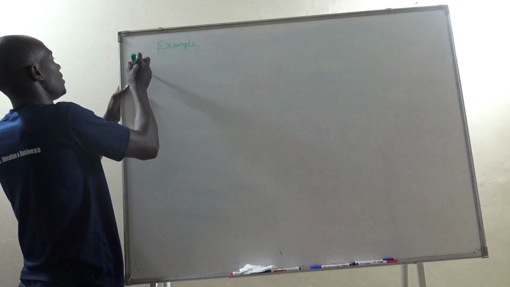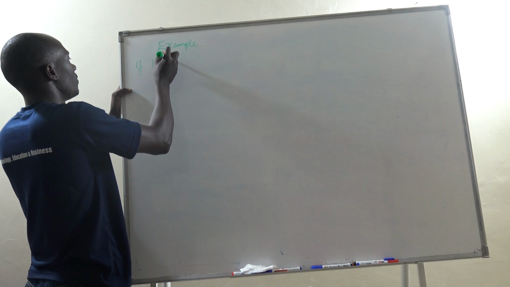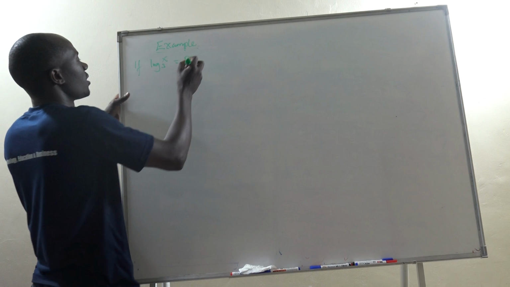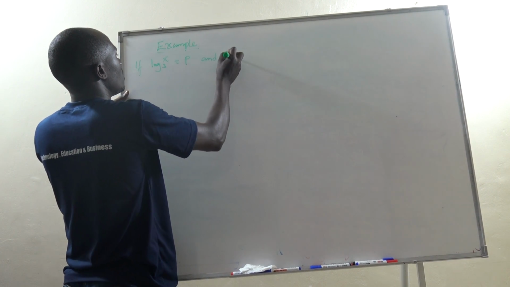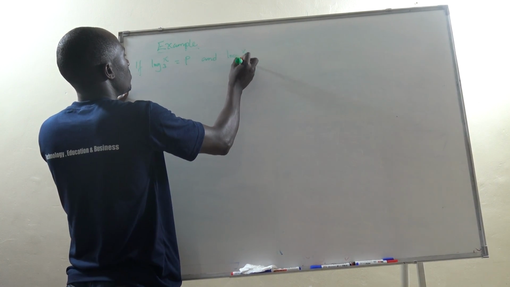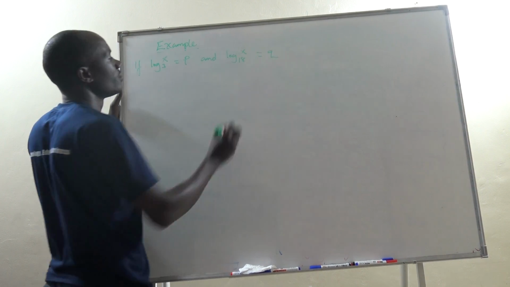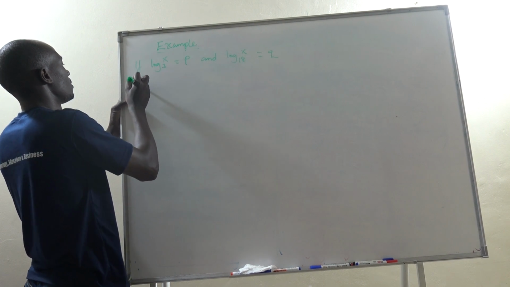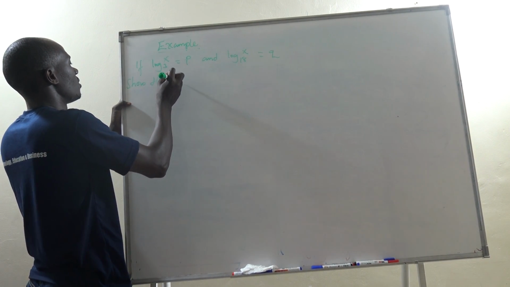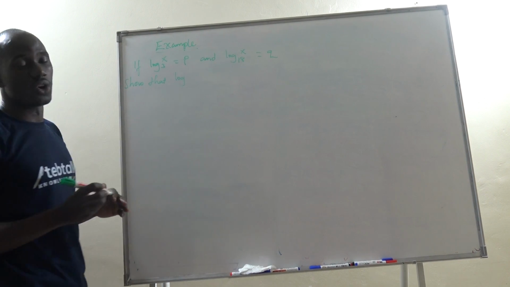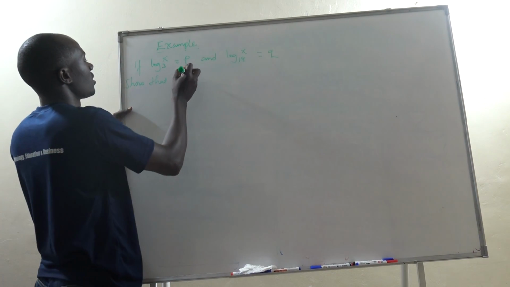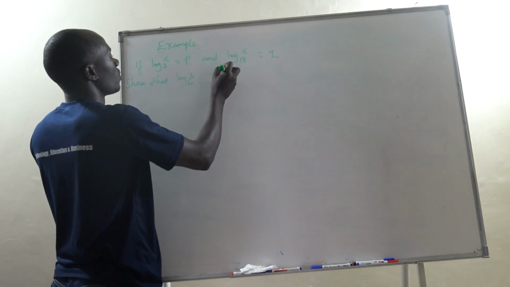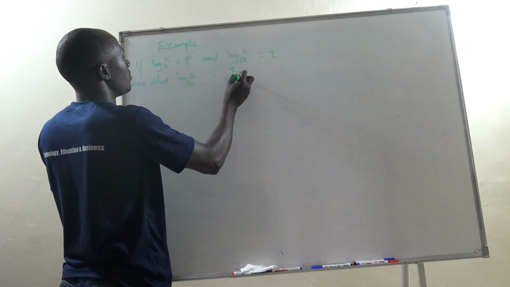If log of x base 3 equals p, and log of x base 18 equals q, show that log of 3 base 6 equals q all over p minus q.